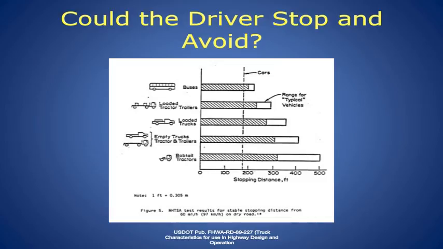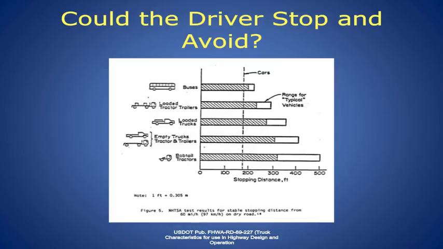With cars traveling at 60 miles per hour, for instance, we have the vertical line that goes down that shows it's going to stop in about 180 feet. Buses in roughly 200, 220 feet. Your loaded tractor trailer is going to take about 240 feet to stop from 60 miles per hour. Your loaded trucks, and that's just your double axle trucks, take even longer.